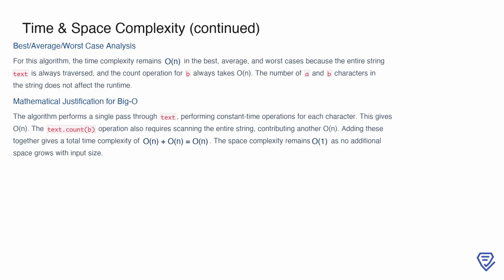The number of A and B characters in the string does not influence the runtime, as the algorithm's structure ensures a linear execution time. Mathematically, this is justified by observing that each character in the string contributes a constant amount of work during the traversal, leading to O(n). Adding the traversal and the counting step gives O(n) plus O(n), which simplifies to O(n).